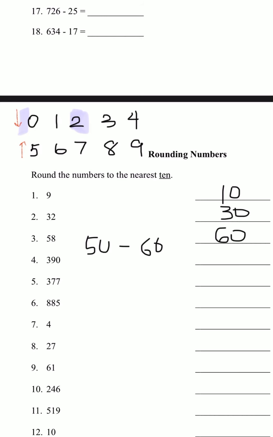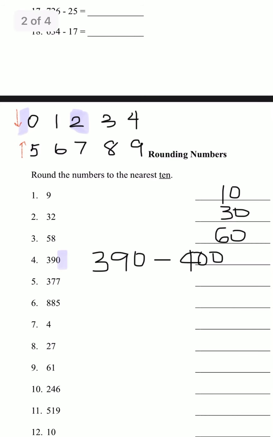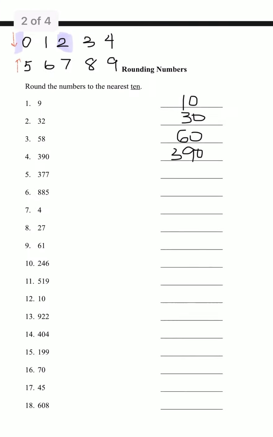Now let's try number 4. We have 390. 390 is between 390 and 400. Our first digit is 0, so it's just going to stay as 390. Sorry. Yeah, 390. Let's try one more.